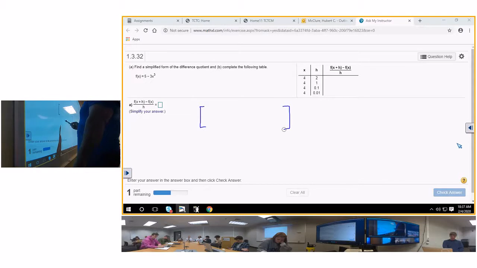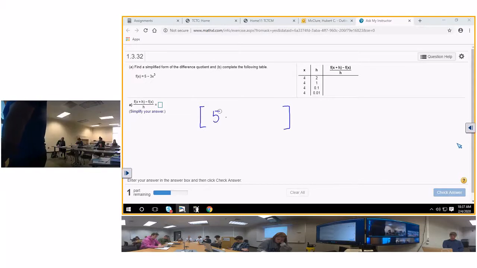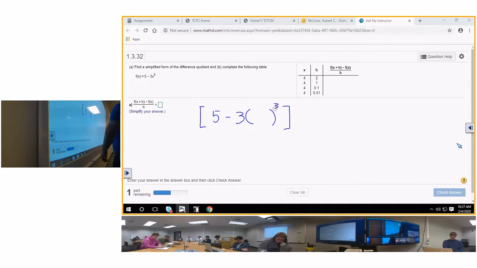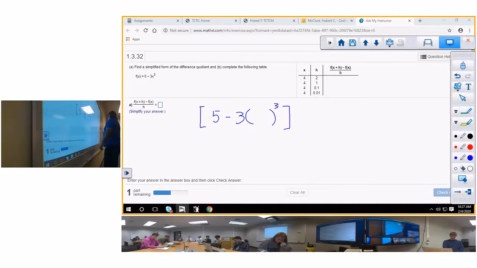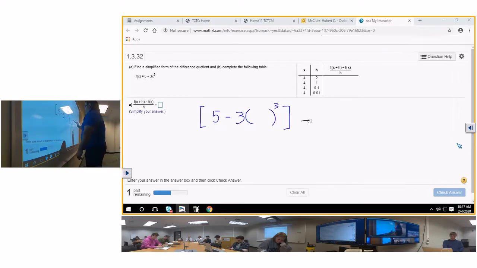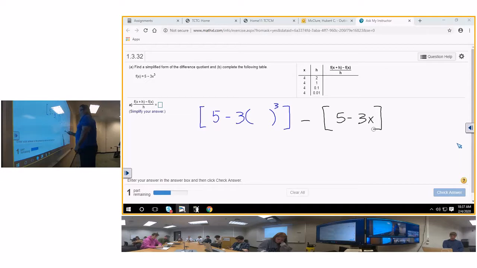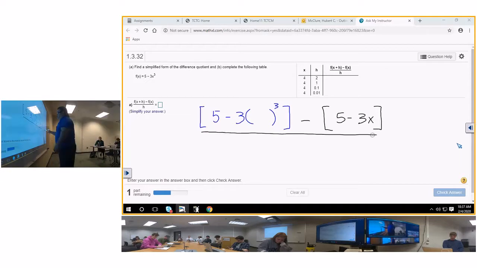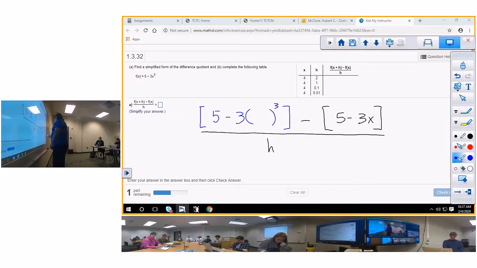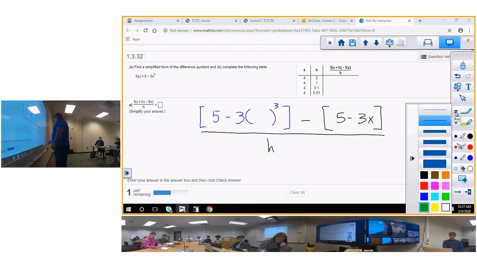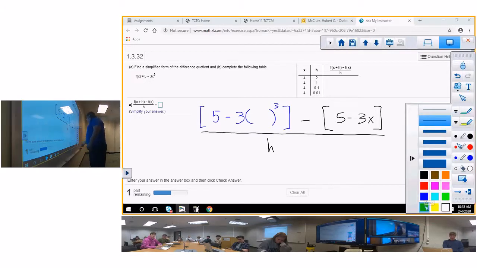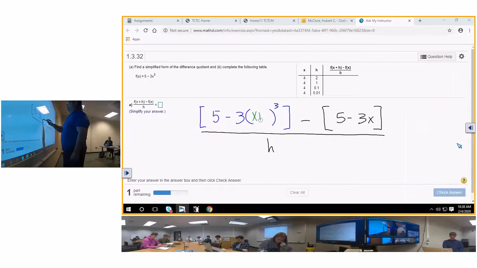And I'm going to put 5 minus 3 parentheses cubed. And then go back to my black minus, and that's going to be 5 minus 3x over h. Now I want y'all to do your algebra and plug in x plus h right there.